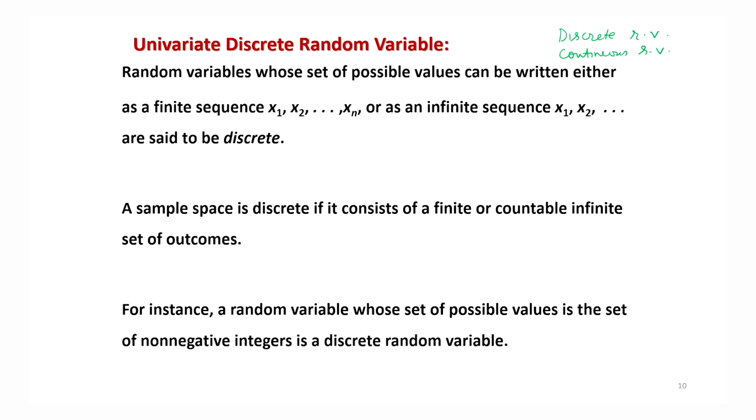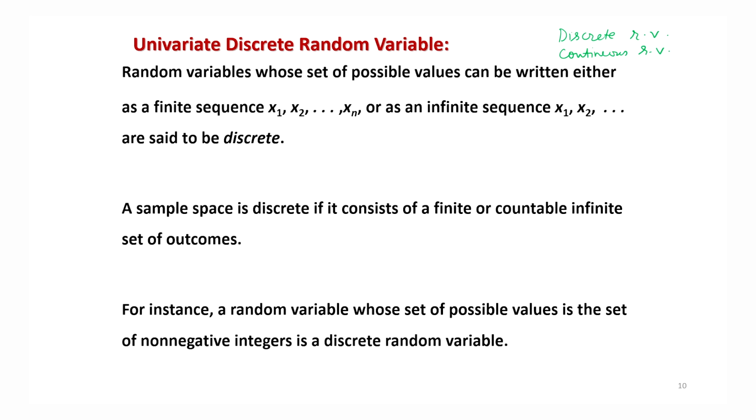For example, consider the number of heads obtained when you are tossing a coin 100 times. So you toss a coin 100 times and count the number of heads. Once again, toss a coin 100 times and count the number of heads. So this number is always going to be an integer, and it can take all possible values like 1, 2, 3, 4 up to 100. But if I say there are 25.5 heads, it's not possible.